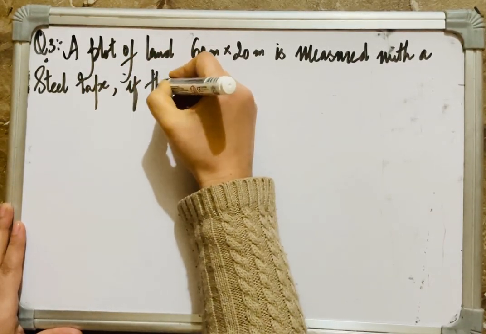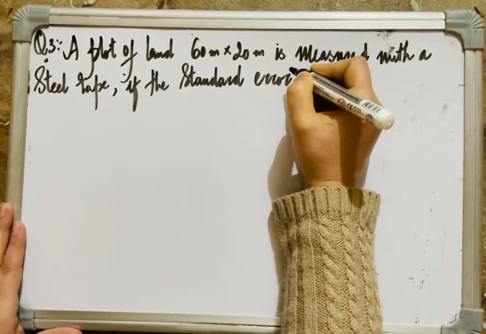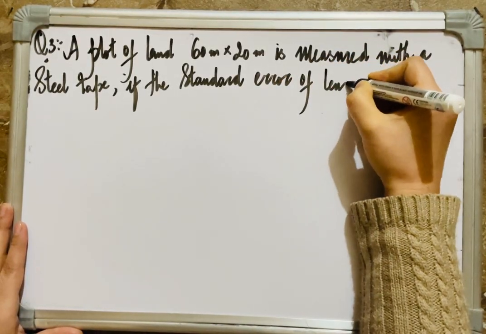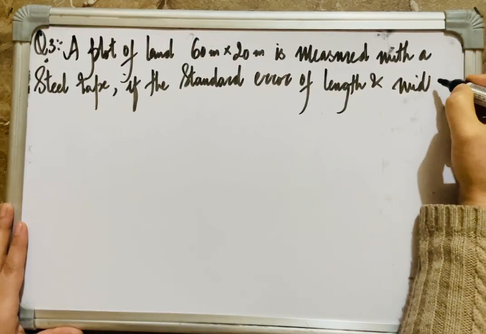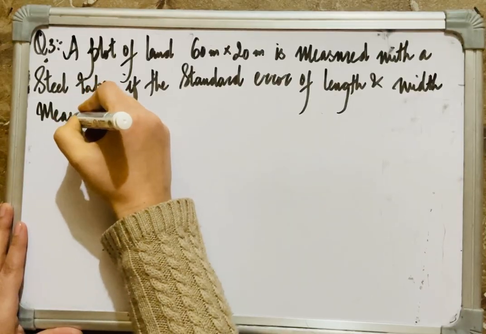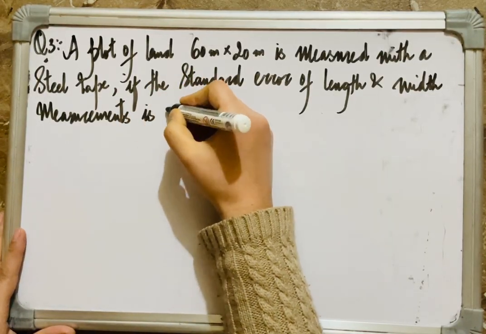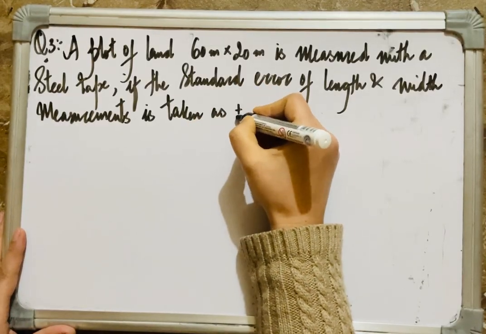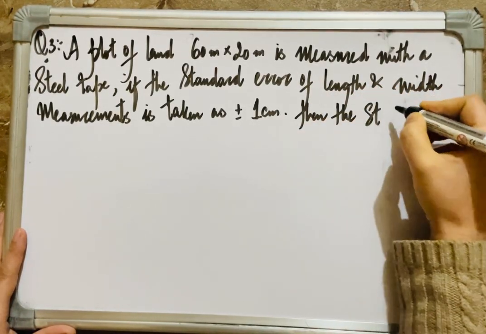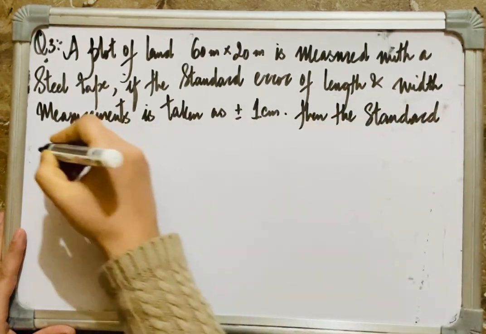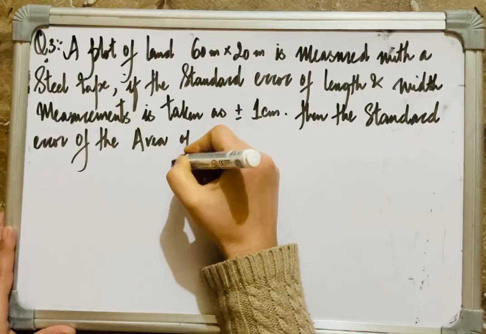If the standard error of length and width measurements is taken as plus minus 1 centimeters, then the standard error of the area of the plot would be.